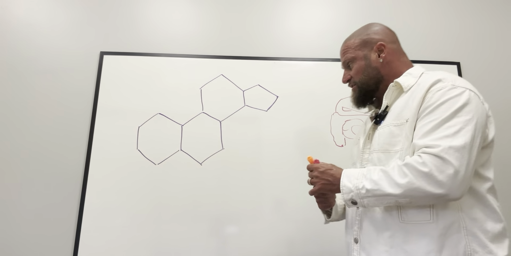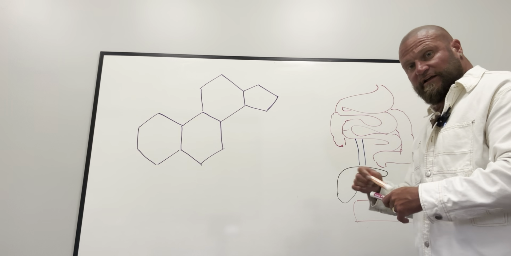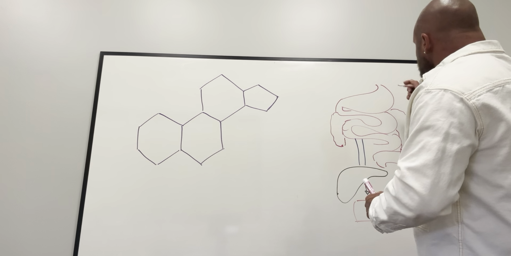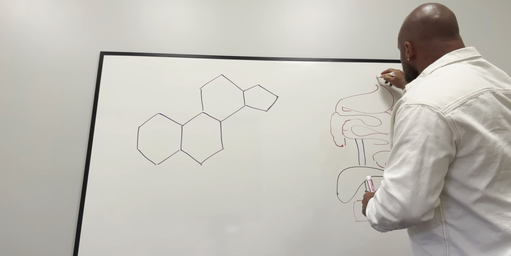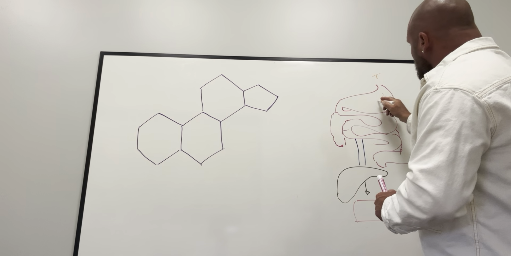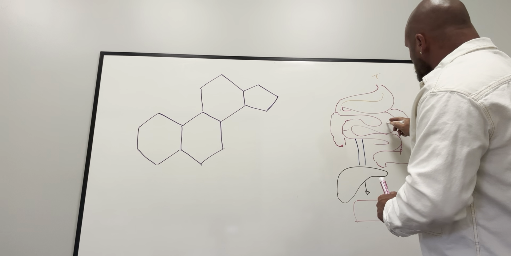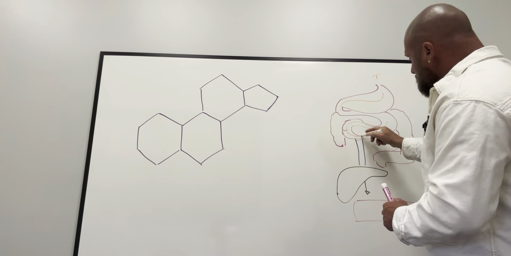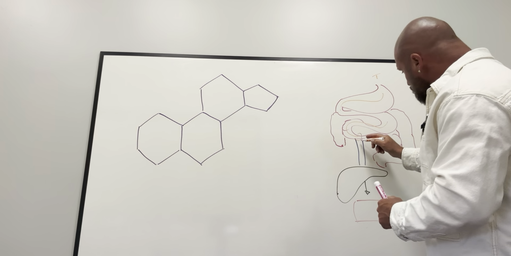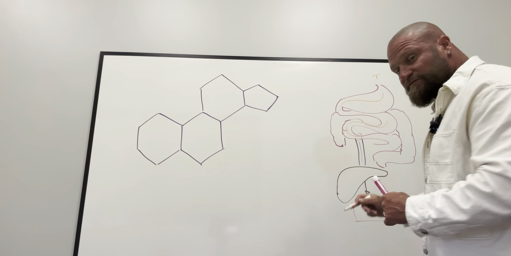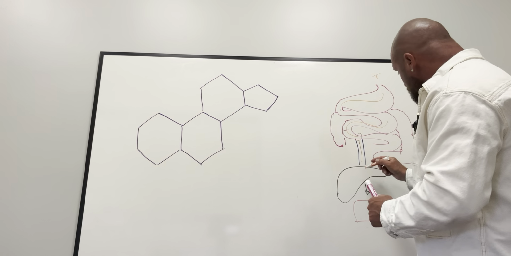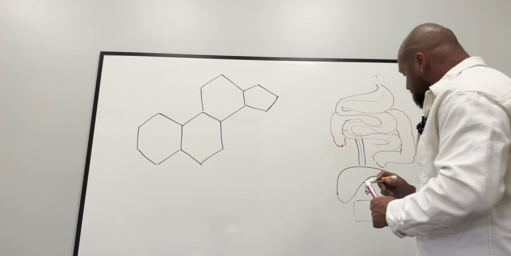So, you have to imagine here we have our digestive tract. So let's say we take testosterone orally. We would go through the stomach, through the small intestine, and in the small intestine, it is absorbed into the portal vein that goes to the liver.